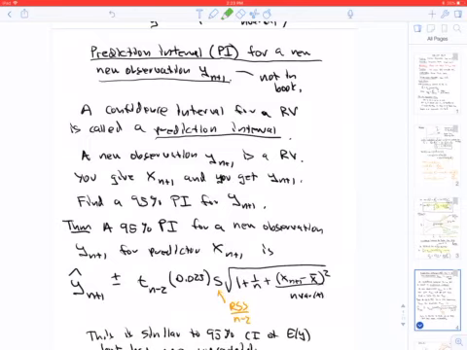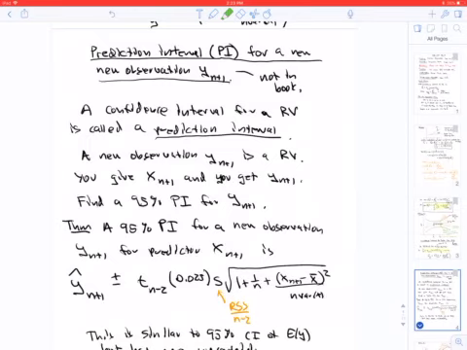Okay, next I want to talk about prediction intervals for a new observation. This is not in the book because it's too Bayesian of a concept for our book. So a confidence interval for a random variable is called a prediction interval.